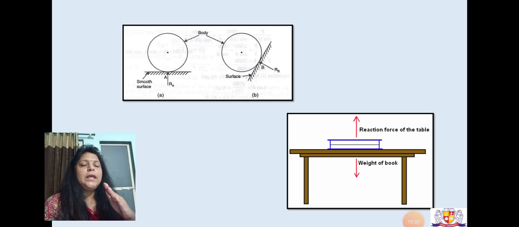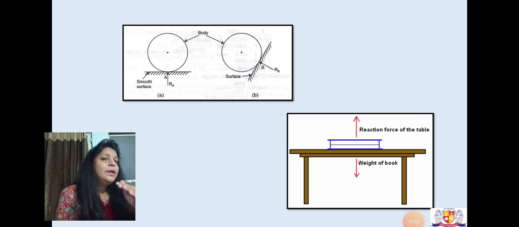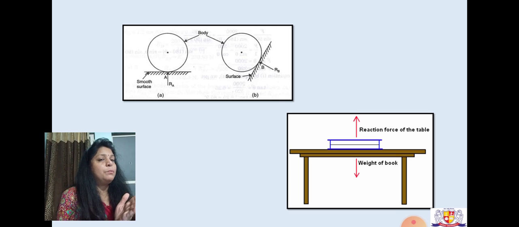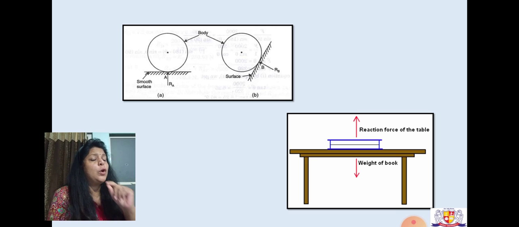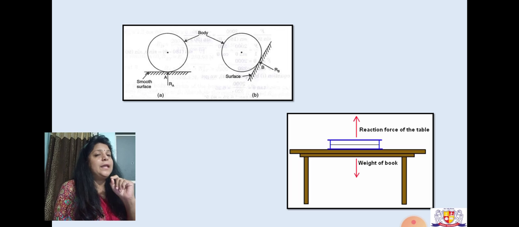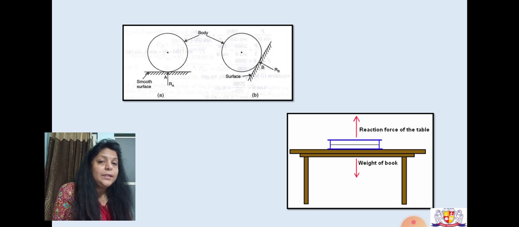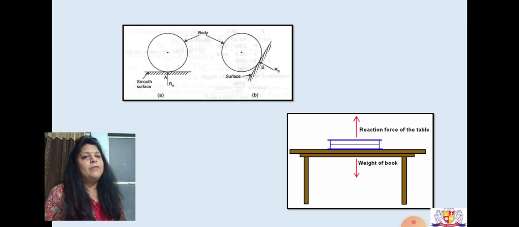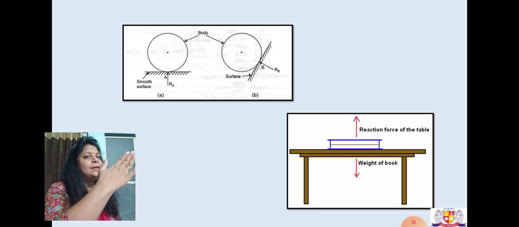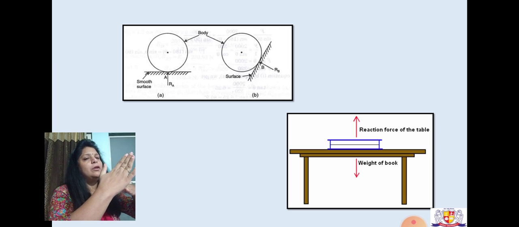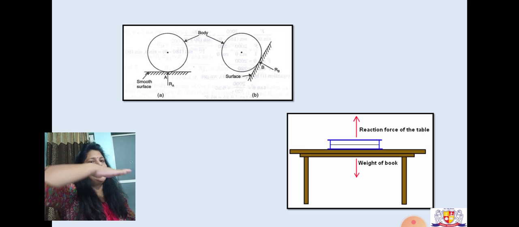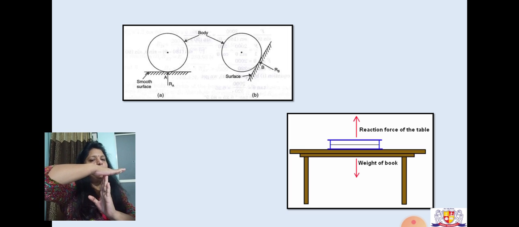Similarly, if the sphere is lying on an inclined support, it is produced at the point of contact. And the third and most important point: it is always produced at an angle of 90 degrees to the surface. If the surface is inclined, then the 90 degrees will be to that particular surface. If the surface is horizontal, the 90 degrees will be this.